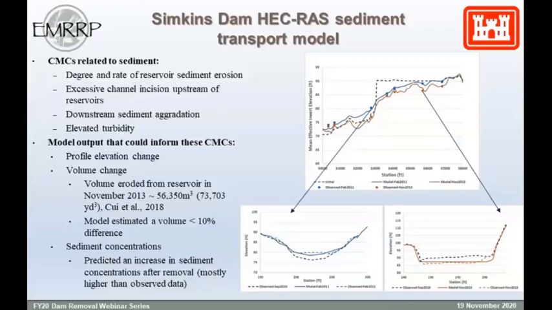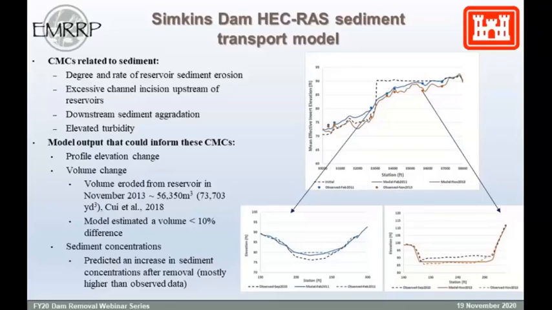Then you can see the continuous blue line, which represents what the model estimated, and the blue dotted line is what the observed cross-section was at that time. So it tells me that soon after the dam was removed, immediately downstream of the dam, some deposition occurred. And the model was able to pick up on that, and it was fairly close to what was observed.